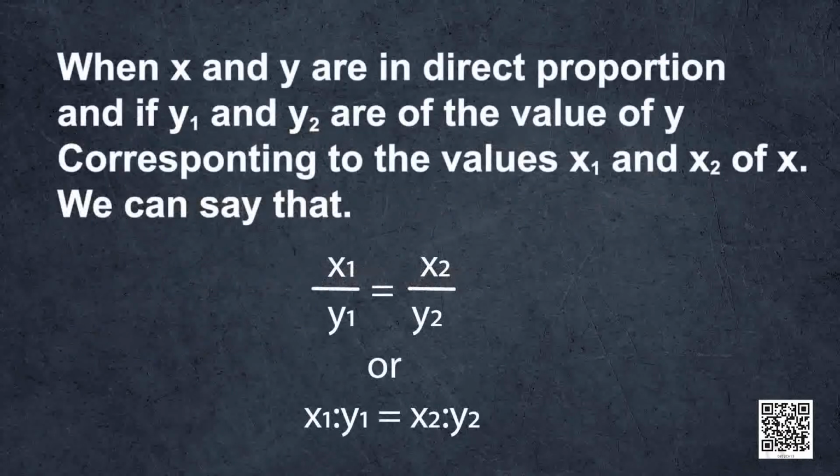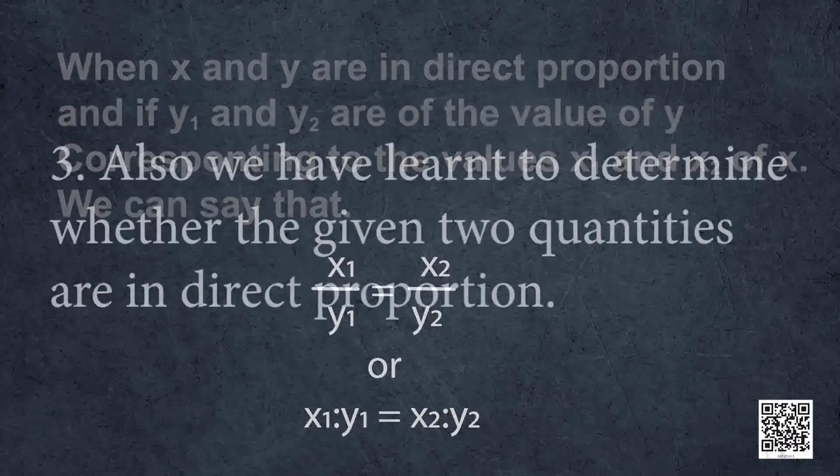Also, we have seen that if two variables x and y are in direct proportion and if y1 and y2 are the values of y corresponding to the values x1 and x2 of x, we can say that x1 by y1 is equal to x2 by y2, or x1 is to y1 is equal to x2 is to y2.